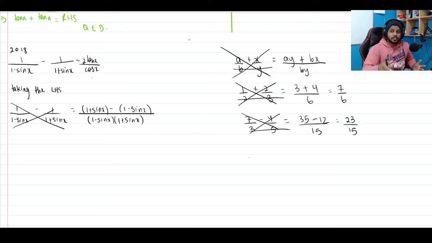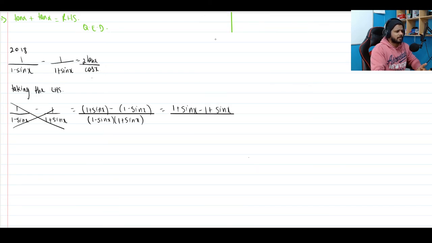Now, you're supposed to be seeing something here. The denominator, it looks like a difference of 2 squares. So I'll simplify my numerator. This is equal to 1 plus sine x minus 1 plus sine x all over.